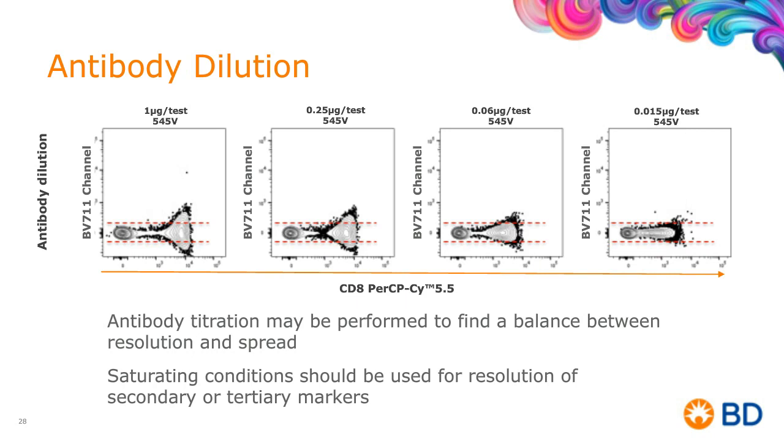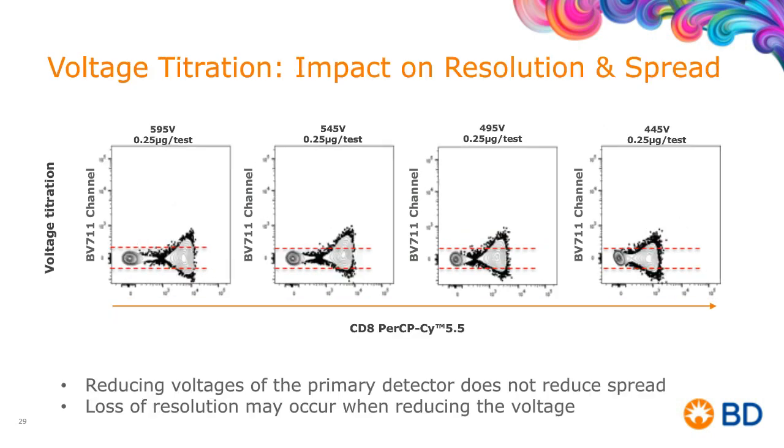Voltage titration is certainly something that we get lots of questions on all the time, and where and what its impact is on resolution and spread. Again, what you can see here is that as we change the voltage, there is a reduction in resolution. But changing the voltage doesn't really change the spread.